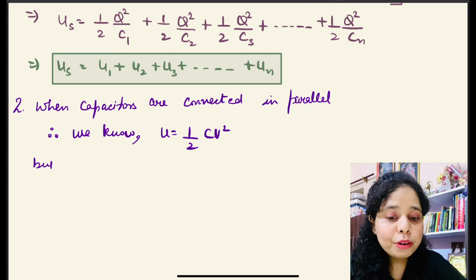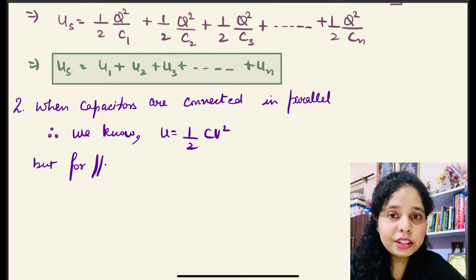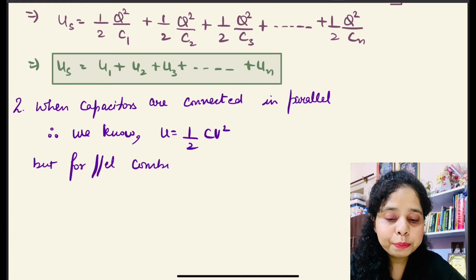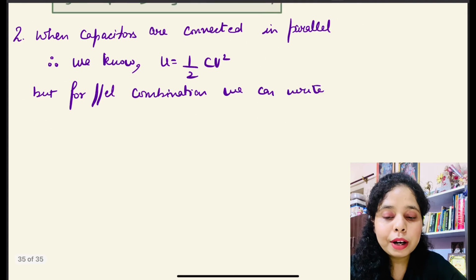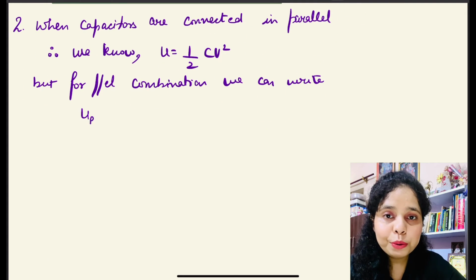For parallel combination, we will rearrange this equation and we can write UP is equal to 1 by 2 Cp V square. We will not put the subscript for V because the potential for every capacitor will remain the same.